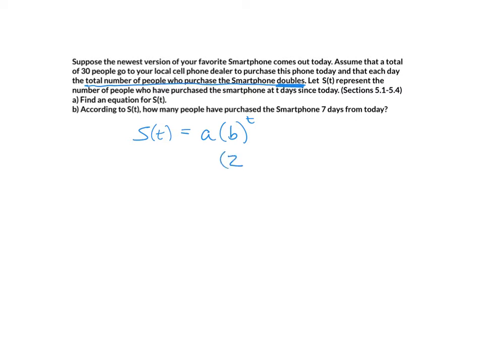That will be our b. A, I said, was the initial amount. It says that the total number of people who bought the phone today was 30, so that's going to go in for a. This is our answer for part A: S of t equals 30 times 2 raised to the t.